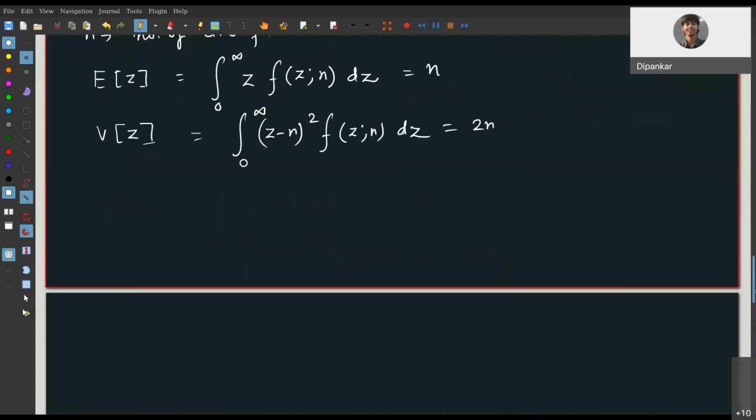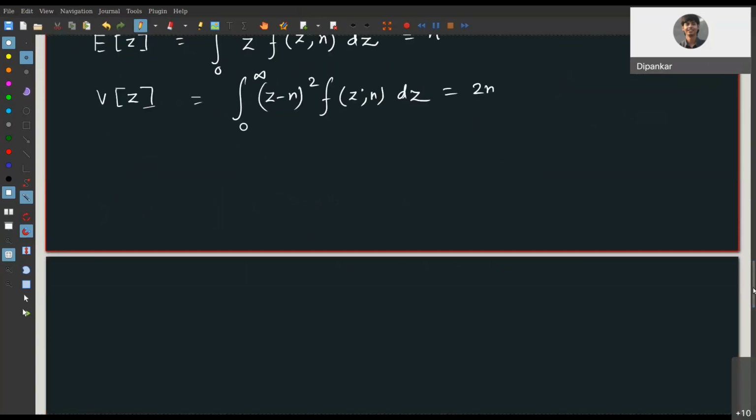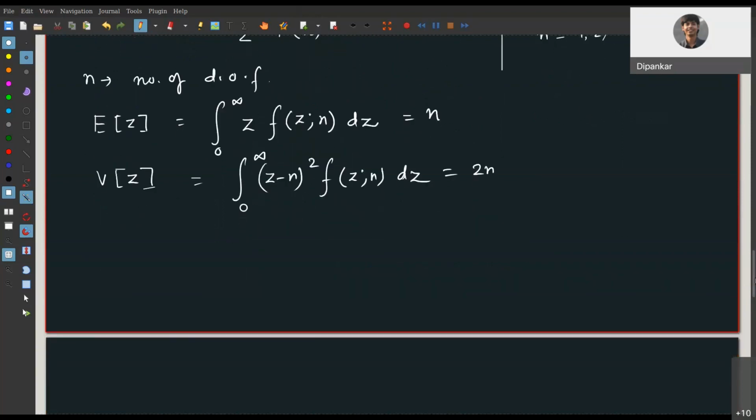Now, why is this important? Again, this is important because of a very interesting theorem.